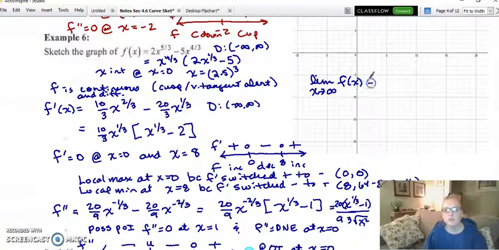If we take a look at this cube root to the fifth and fourth, remember you just go to the higher power, which is this one. It kind of acts like polynomials. And this is going to be going to infinity, albeit maybe not as fast as without having the cube root there, but it's going to be going to infinity. Dominating term wins.